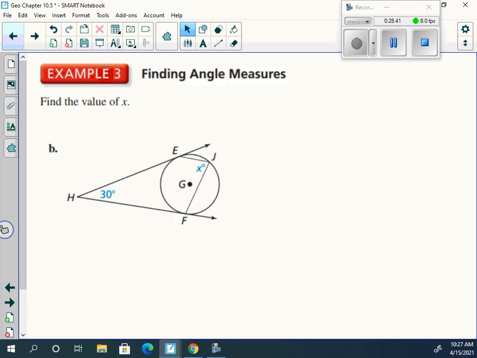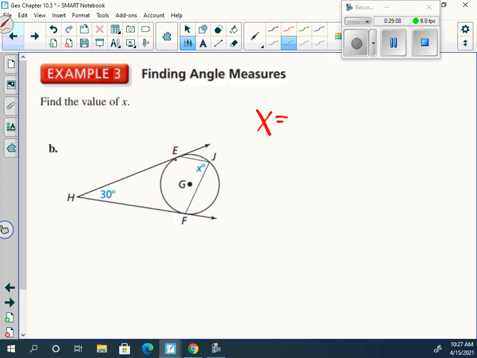So this one here, we're looking for the central angle, x, and we can just subtract 30 from 180, yes? Is that a central angle? Well, no, it's actually an inscribed angle, yes? It would be helpful if I can write on the board that this angle x is an inscribed angle, yes?